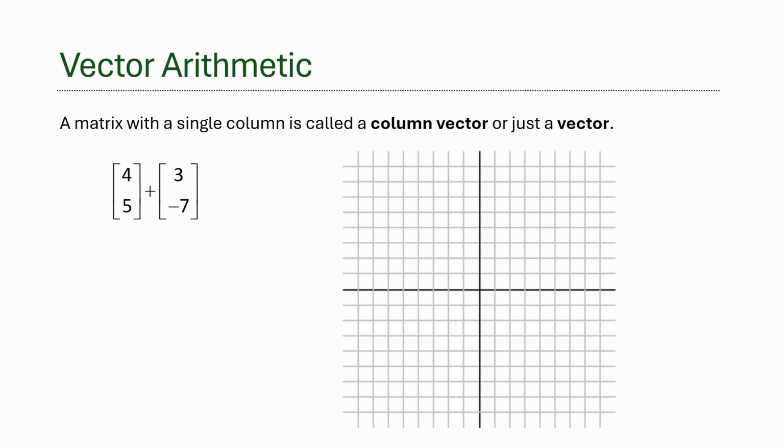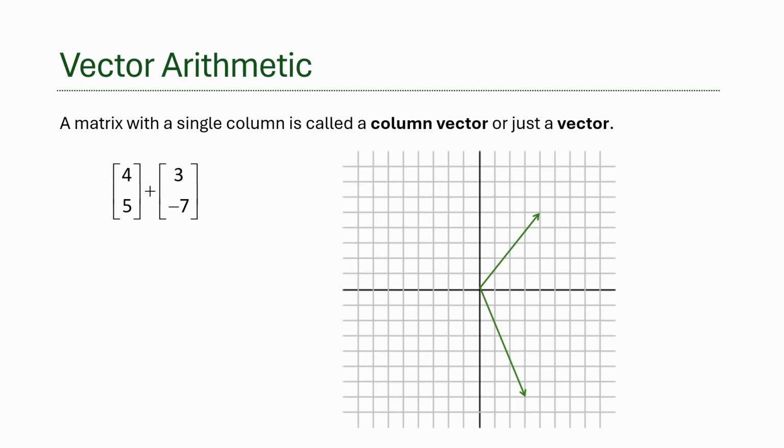Okay, so suppose we have two vectors and we want to add them together. To see how this works, let's start by visualizing the two vectors. I'm going to put them both in the standard position where the starting points are at the origin. To see the reasoning behind our addition rule, think of the vectors as paths that you're walking along. For this sum, you would start by walking to the end of the (4, 5) vector.